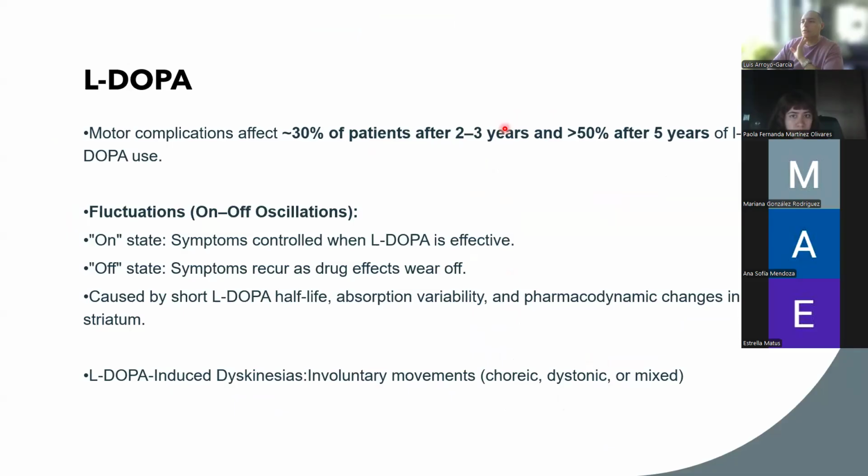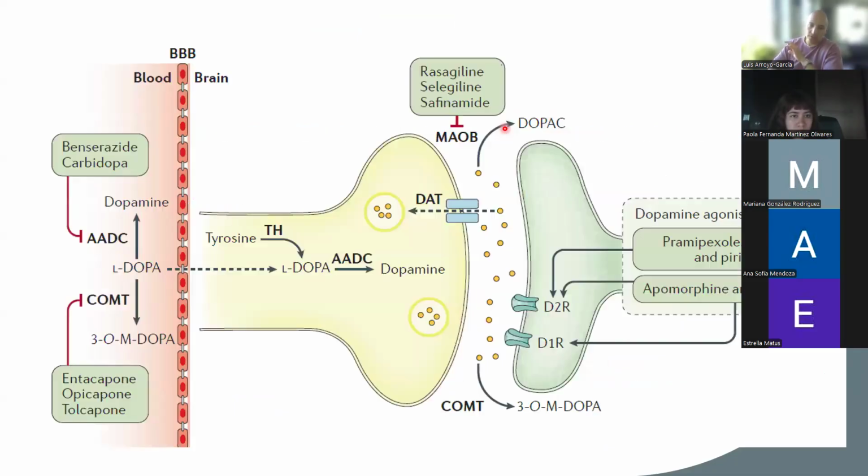So the thing is here we're trying to recover a bit of the transmission. Are these treatments actually preventing the death of the dopaminergic neurons? Not really. This is just symptomatic, and it will last for some years, but then this is a progressive disease.